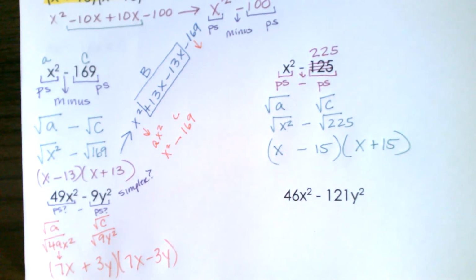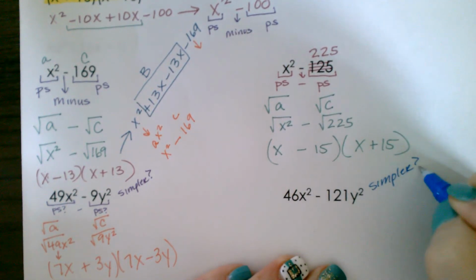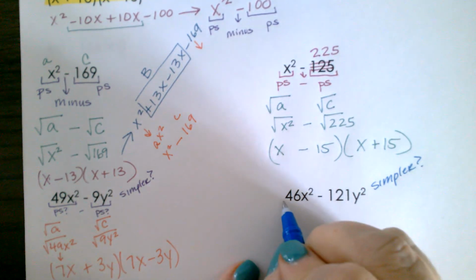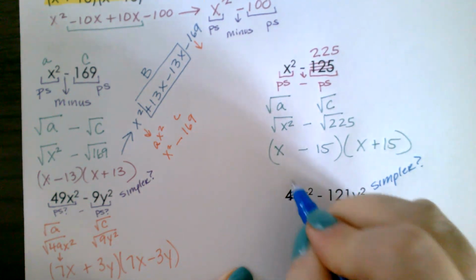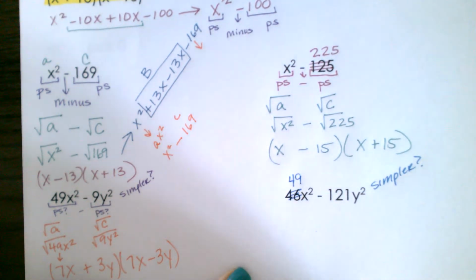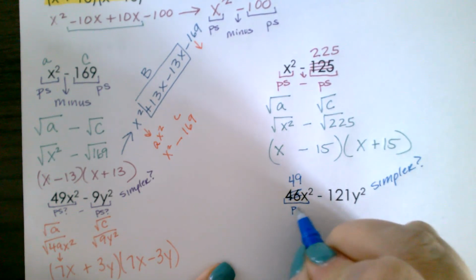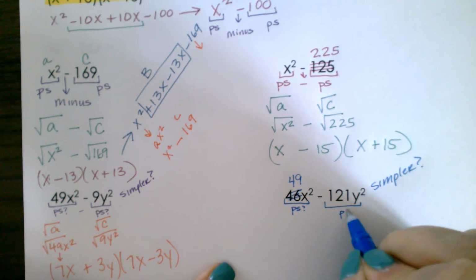On the last one there, can I make it simpler? Still ask yourself that. It makes your life easier. I cannot. I notice I have a binomial with a subtraction sign. So I am wondering, yikes, good thing I do this before I hand them out to you. Is this a perfect square? Is this a perfect square?